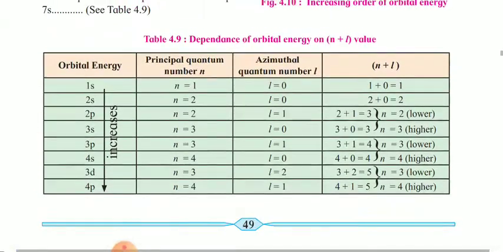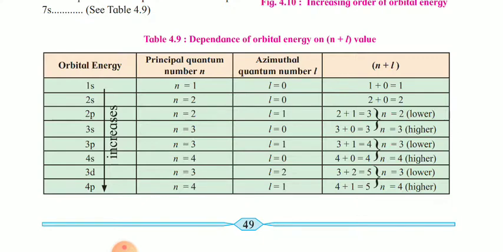Now students, dependence of orbital energy on n plus l value. If you look at this table 4.9, you will notice that the orbital energy goes on increasing from 1s to 4p, and we have taken the corresponding principal quantum number values and azimuthal quantum number values here for understanding.